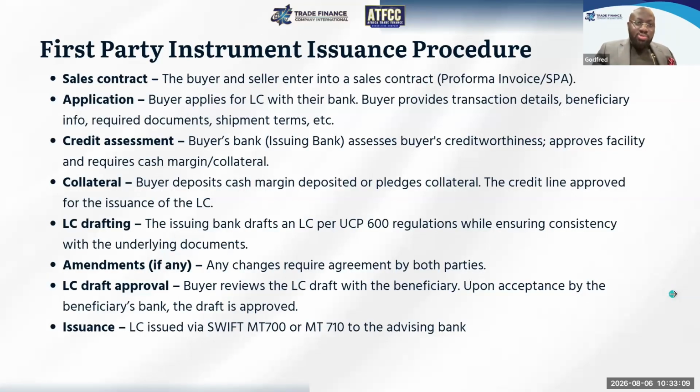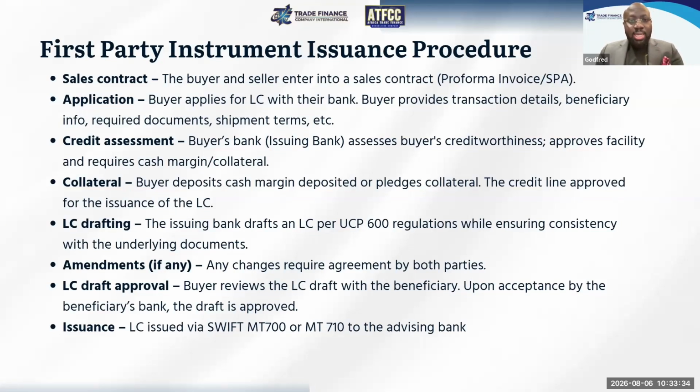Okay. So, first party instrument issuance process. I think this is important that you understand so that you know how our process is unique and different from the first party. There is a sales contract. The buyer and seller enter into a sales contract. It could be a pro forma SPA or a contract of any form or kind.